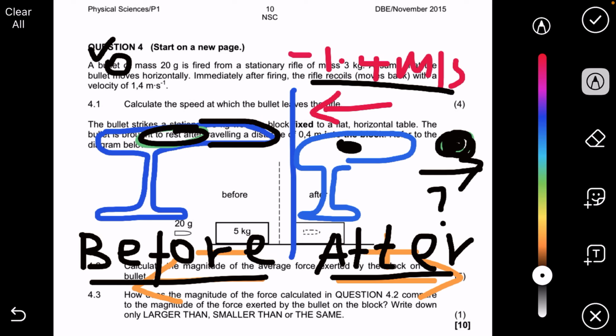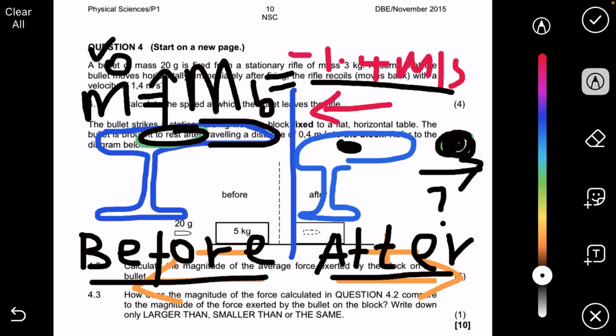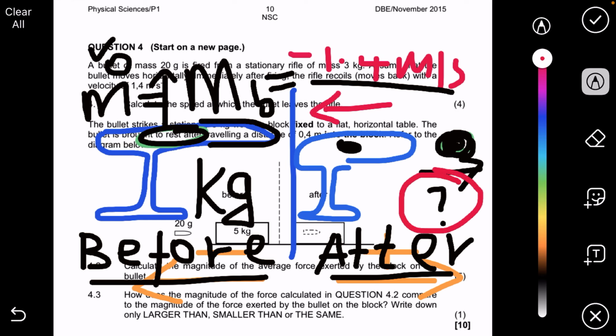We know the mass of the rifle is given as 3. We know the mass of the bullet is also given, but you need to be careful, it's given in grams and you need to convert it to kilograms. So I think we can see from that scenario, the only thing that we do not have is the velocity of the bullet as it leaves the rifle.